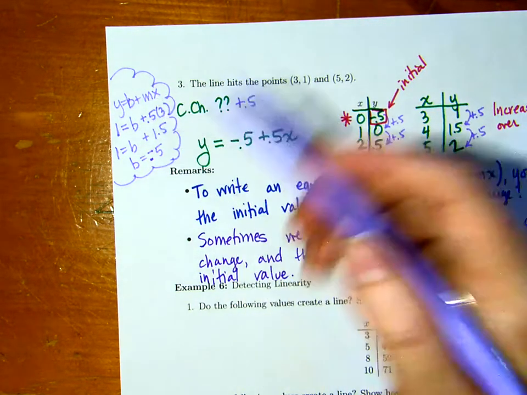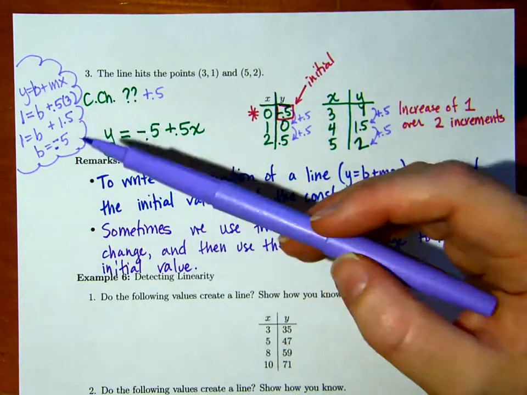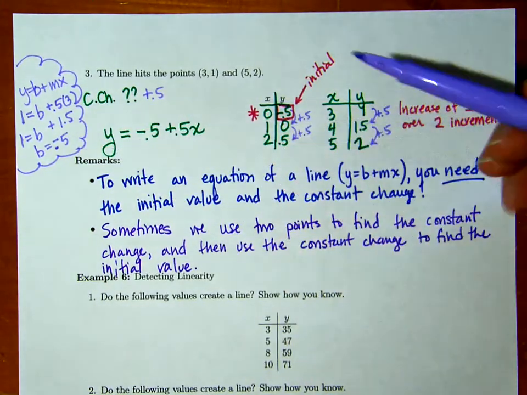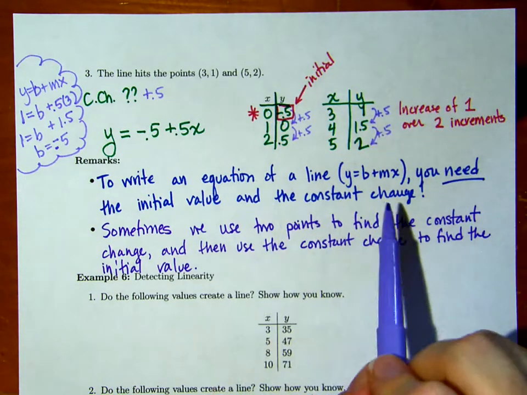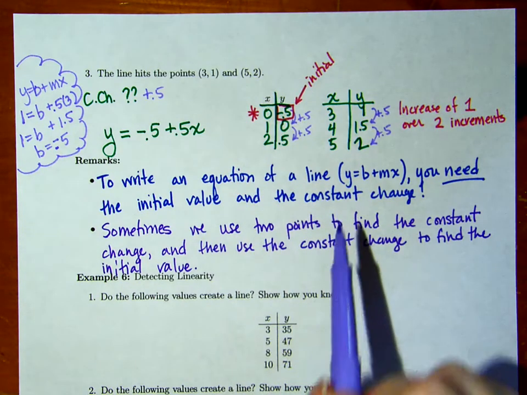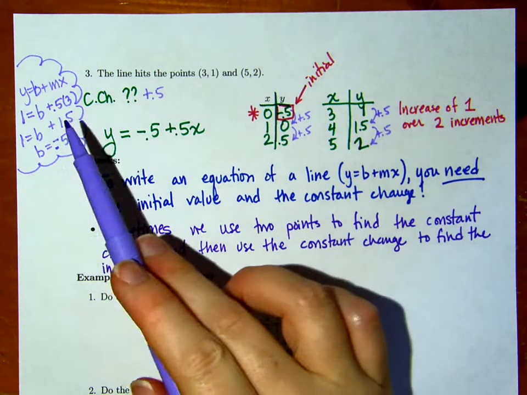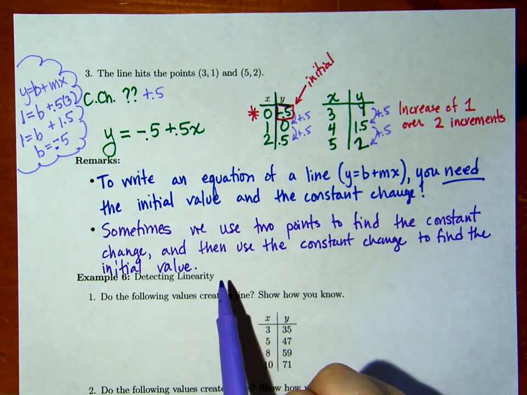But the reality is, I want you to see that it's true that this works, but really all of this was generated by finding that constant change and then using that constant change, which you did here, to find the initial value.